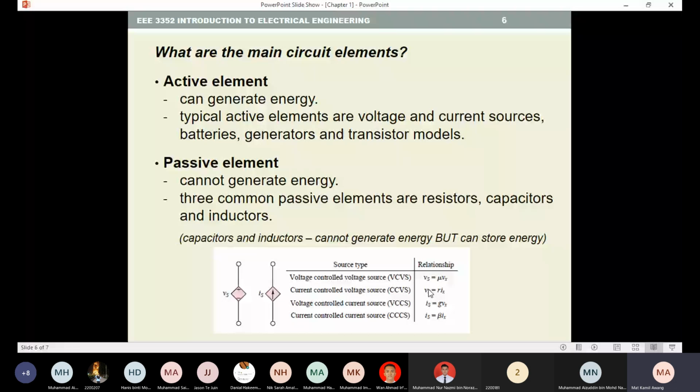If you look at the diagrams, those are the symbols for the voltage-controlled voltage source, current-controlled voltage source, voltage-controlled current source, and current-controlled current source. So you have a diamond shape. If you have a plus and minus sign, that is the dependent voltage source. And if you have an arrow inside, that is a dependent current source. And those are the kinds of relationships that you have. I'm not going to go through that.